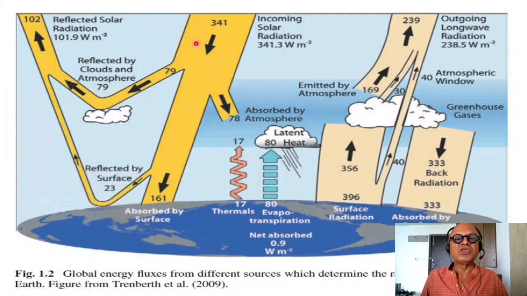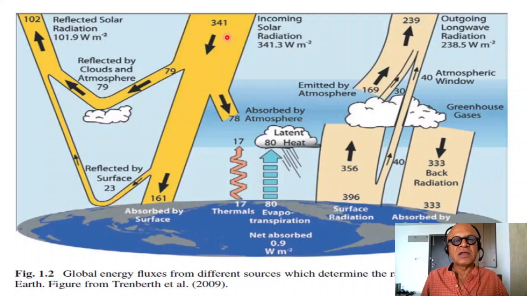So we know there is shortwave energy coming from the sun, about 341 watts per meter squared, which changes a little. About 30% of it is reflected right away. In total, 30% is reflected, so about 100 watts per meter squared is reflected back to space, some of it from the atmosphere itself and some of it from the surface.